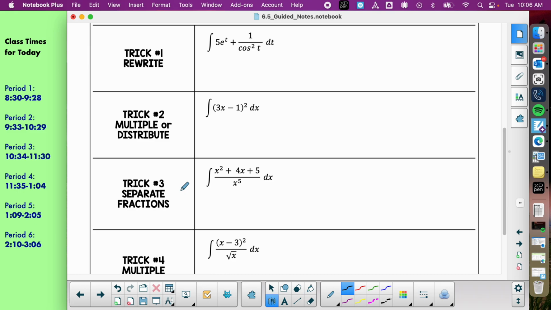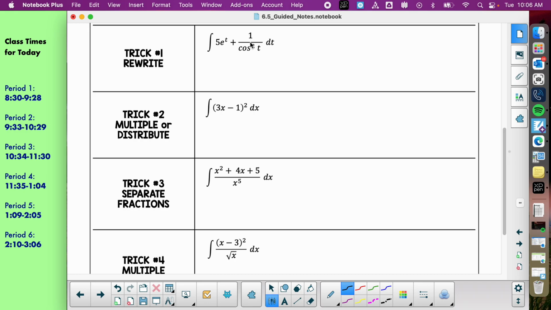Frequently, you're going to have to rewrite equations so they fit what we know to be able to do them. So the 5e to the t is okay, but 1 over cosine squared isn't on that formula sheet, so you can't integrate it unless it's one of those 6 that you know. I'm hoping somebody here just immediately knows what 1 over cosine squared is.